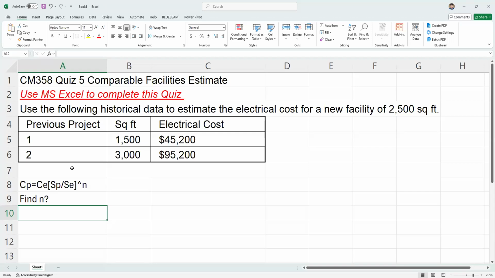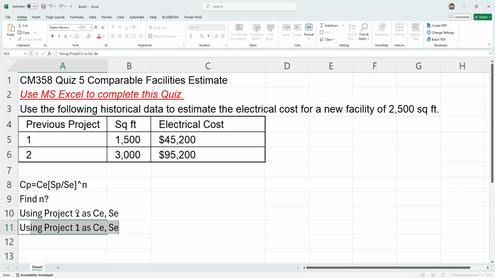In this case, we use project one as C existing and size existing, and we use project two as the cost proposed and the size proposed.